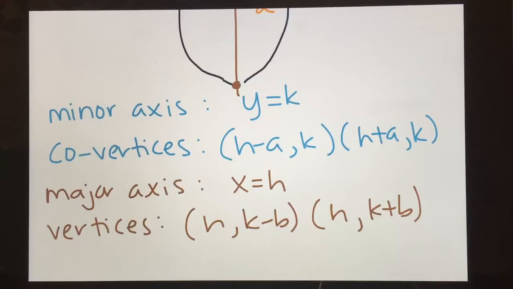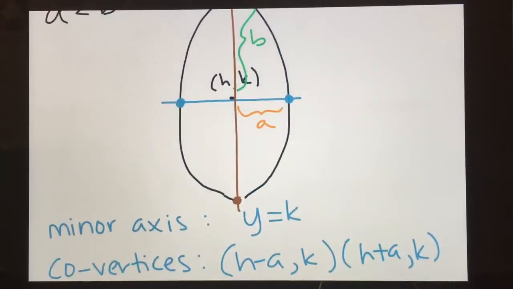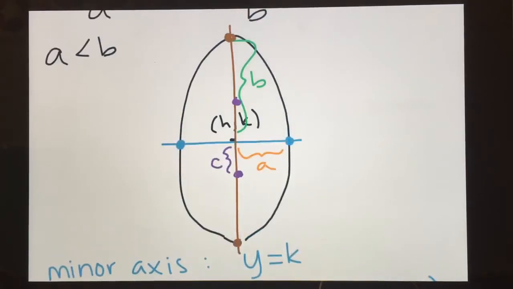And the focus is always on the major axis. So here's a little focus there, here's a little focus there, and this is going to be a length of c. This time, since the b value is bigger, when we find this by hand, we're going to write c squared equals b squared minus a squared.